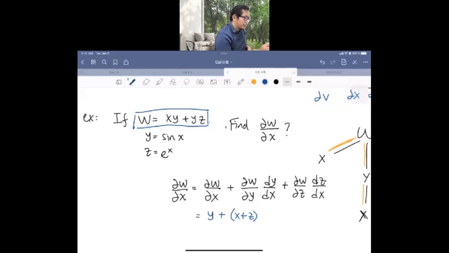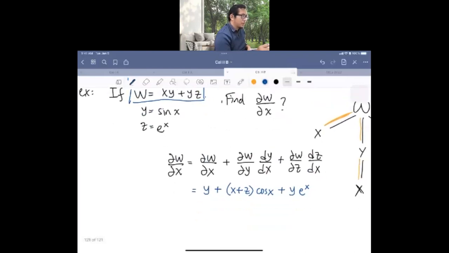And dy over dx will be cos x. And dou w dou z will be y. And dz dx is just e to the x.